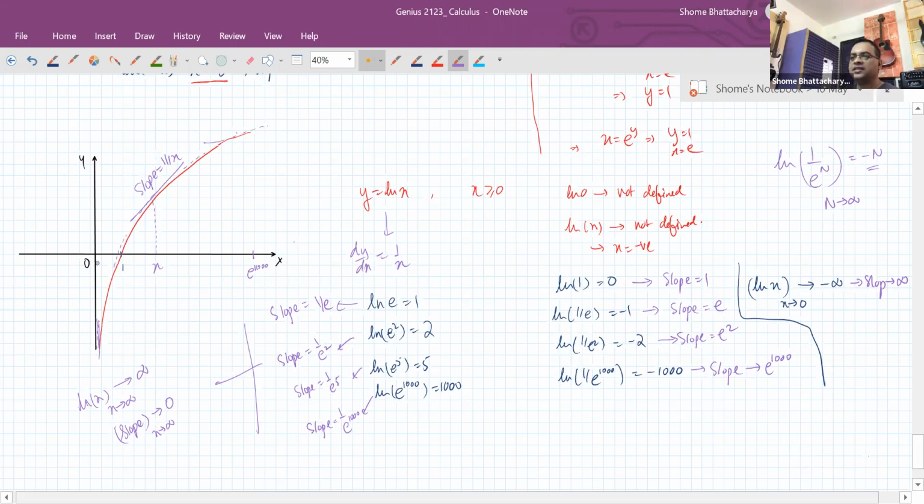So as you're going from x tending to 0 to x tending to infinity, your graph is rapidly rising from minus infinity towards plus infinity, whereas the slope of the graph is declining. It is almost vertical at 0, so it's infinity, and then it's decreasing, decreasing, decreasing, and the slope tends to 0 because this curve almost flattens as x tends to infinity. So that is the shape of the graph and the relation of the slope of the tangent, or instantaneous rate of change, with respect to its shape.